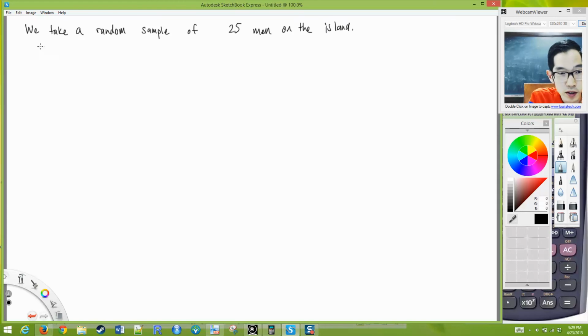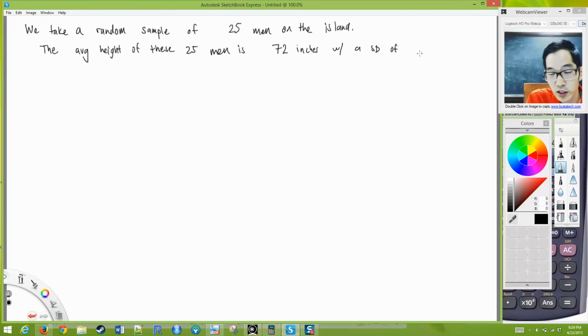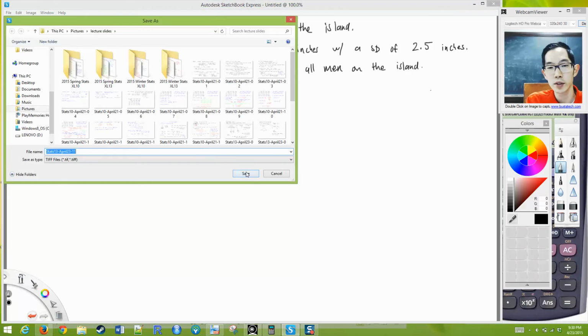The average height of these 25 men is 72 inches with a standard deviation of 2.5 inches. Make a 95% confidence interval for the mean height of all men on the island. Okay, so go ahead and work through that.